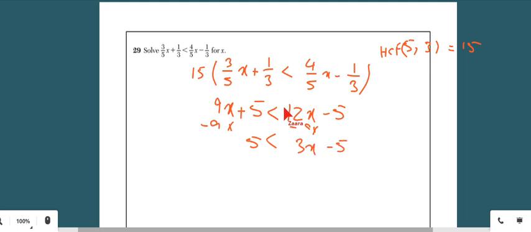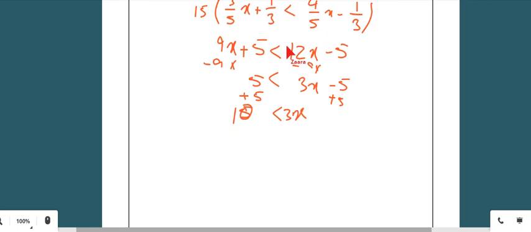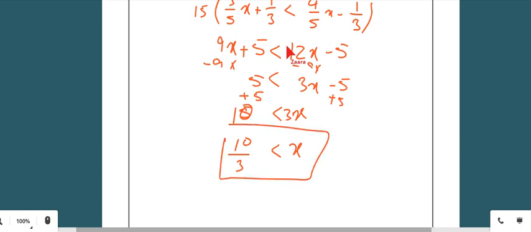Okay, let's add 5 on both sides. So by adding 5 on both sides, we will get 10 is less than 3x, right? Now divide both sides by 3. So x is greater than 10 over 3. So this is the solution for x.